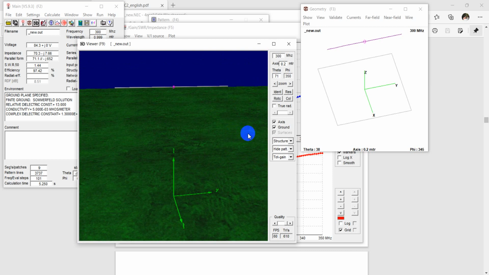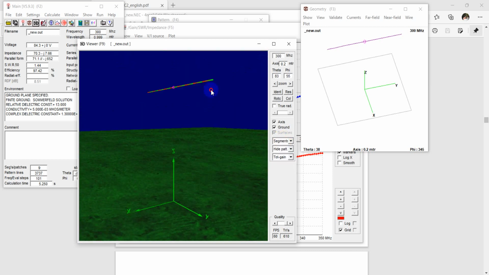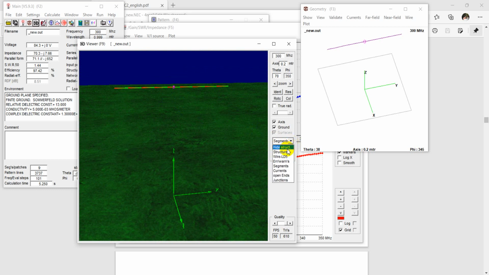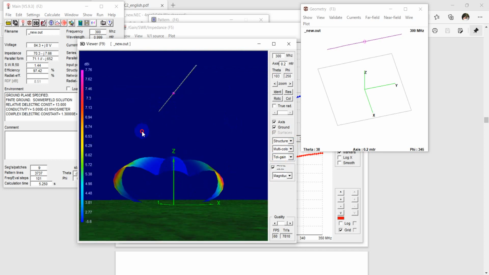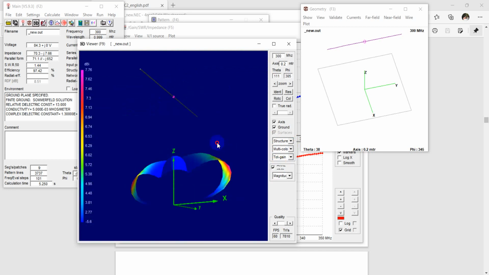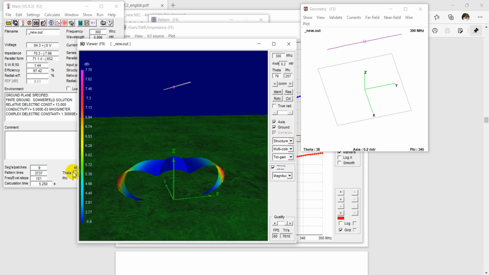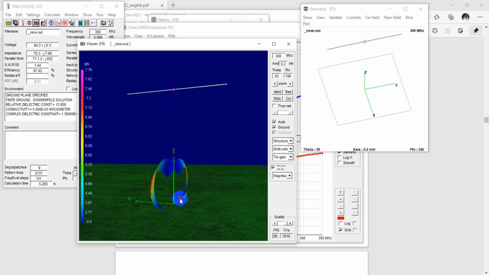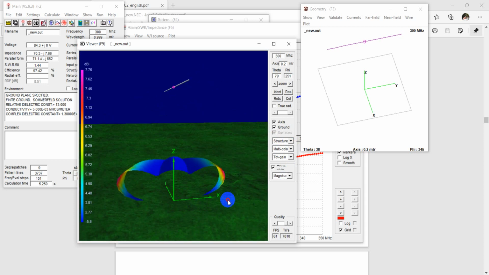You can see the segments of this antenna, and to see the radiation you have to set the height pattern to multicolor, and you can see the radiation on both sides of this antenna design.